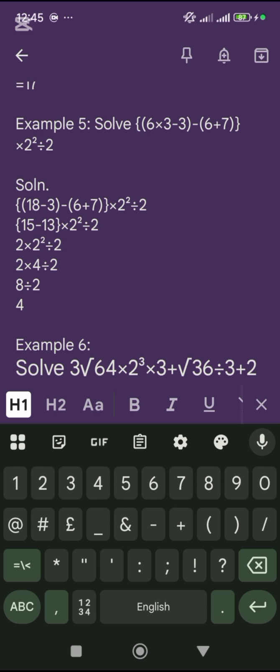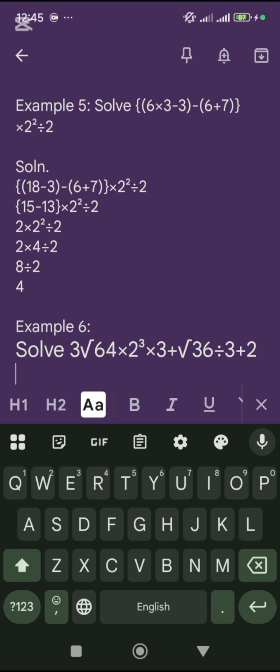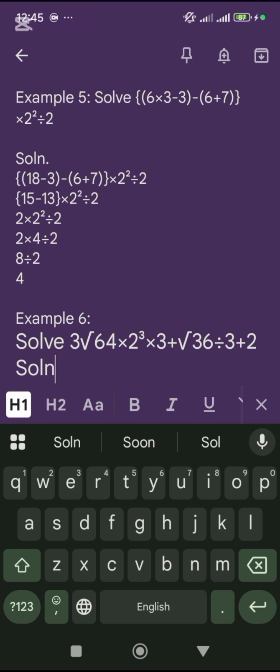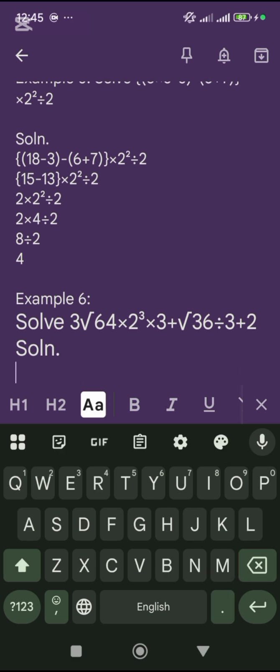Okay, all right. And now that we have something like this, we need to look at BODMAS. What does BODMAS say we should do in cases like this?